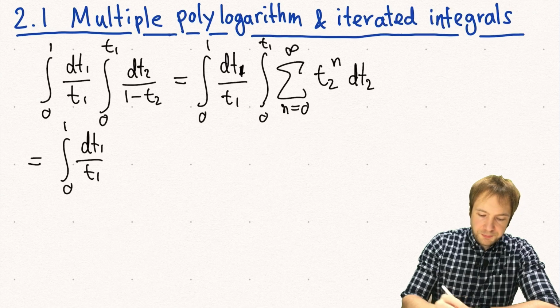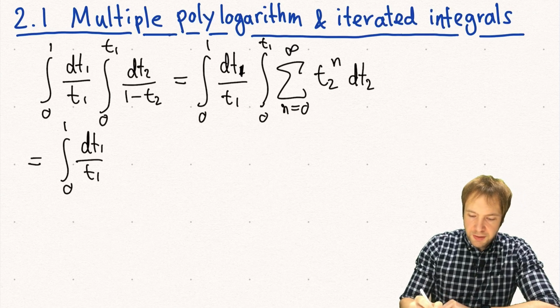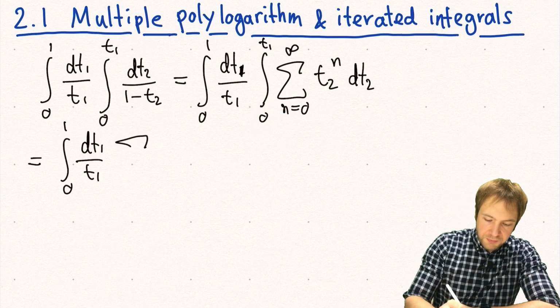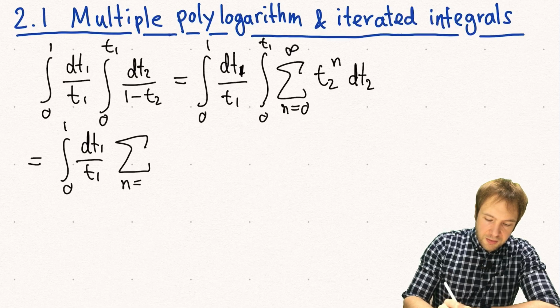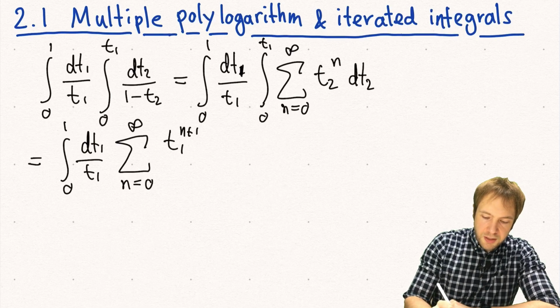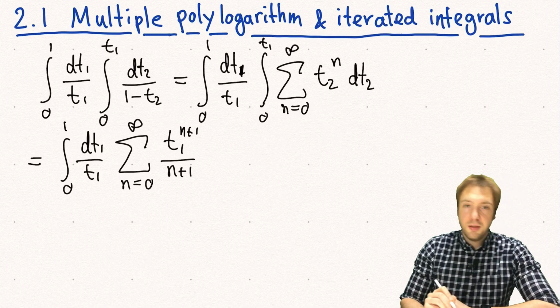the integral dt1 over t1. And plugging in t1 and 0, the 0 part vanishes, but we still have this t1. So we have the sum n from 0 to infinity of t1 to the power n plus 1 over n plus 1.